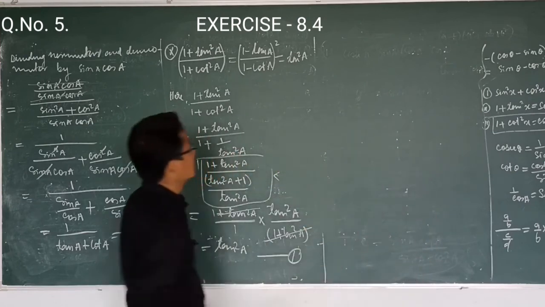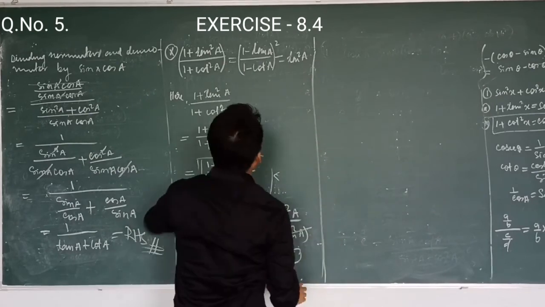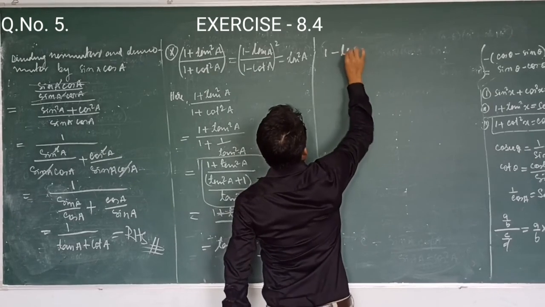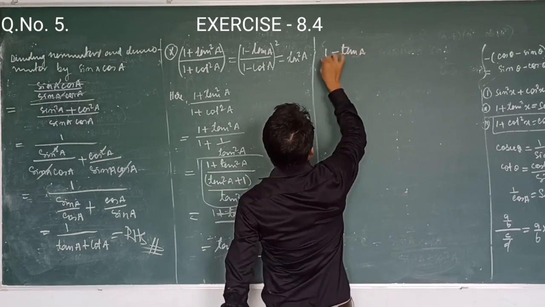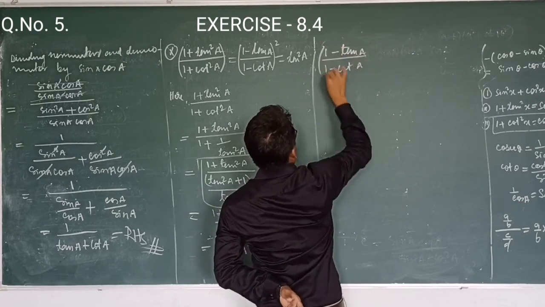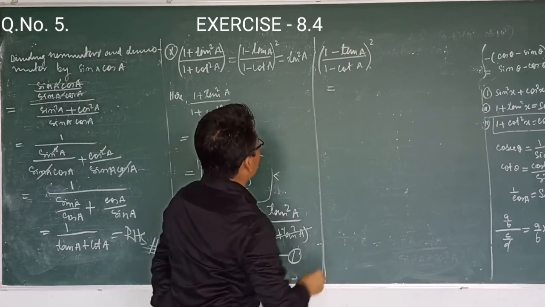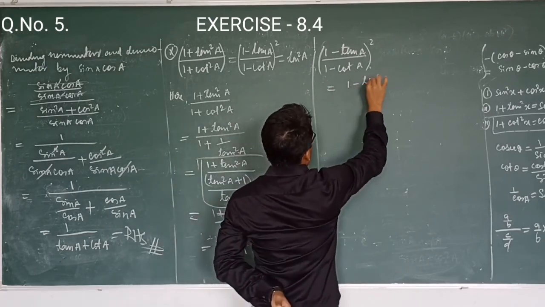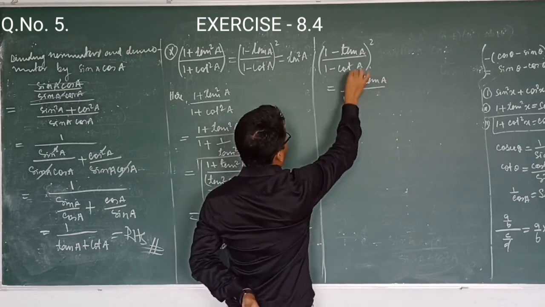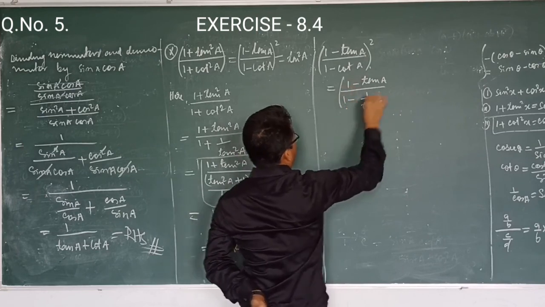Next part: I will take this middle part and go to tan². So (1 − tan A)/(1 − cot A) whole square, equal to: 1 − tan A, and I will convert this cot, 1 − 1/tan A, then whole square is here.